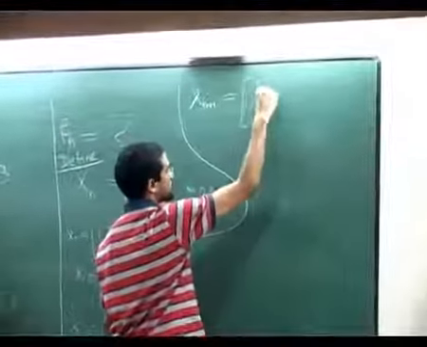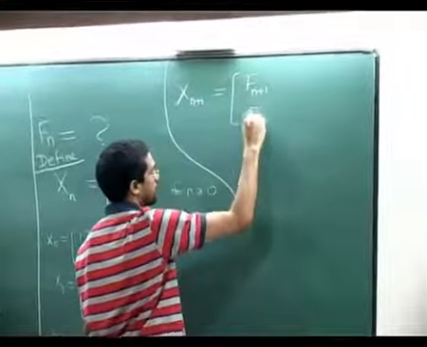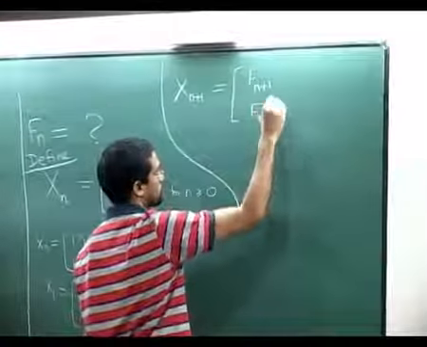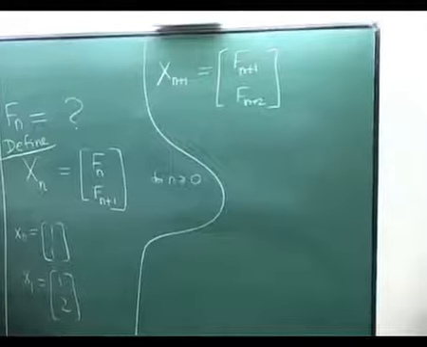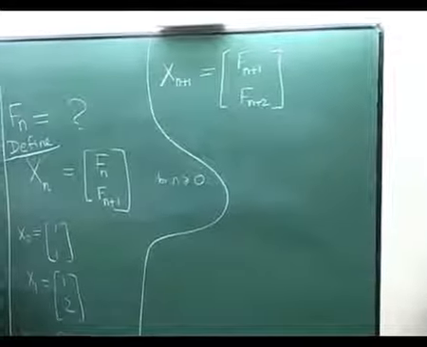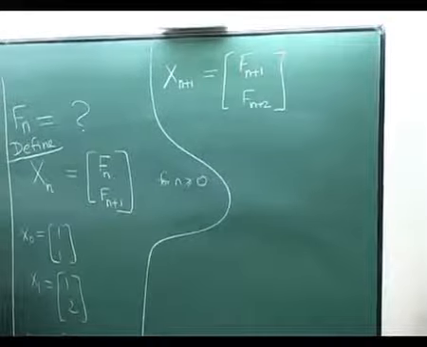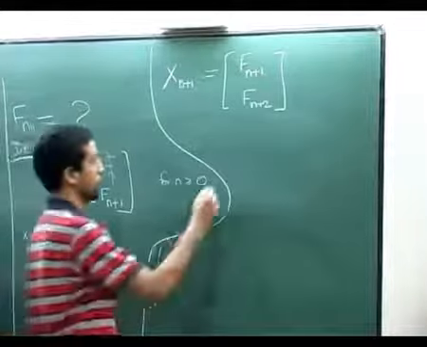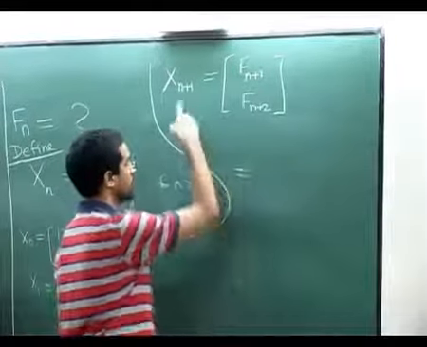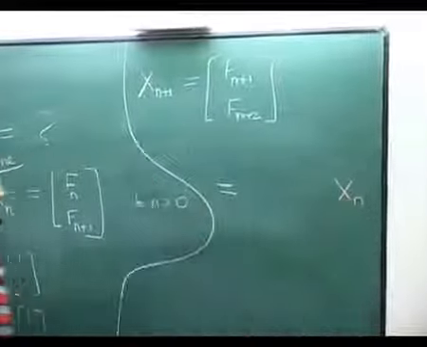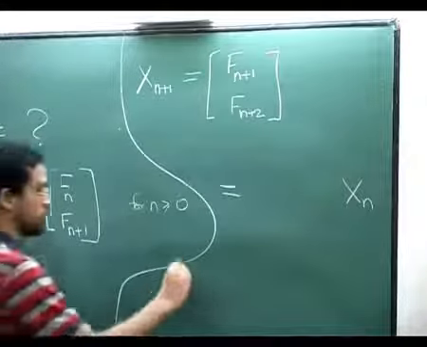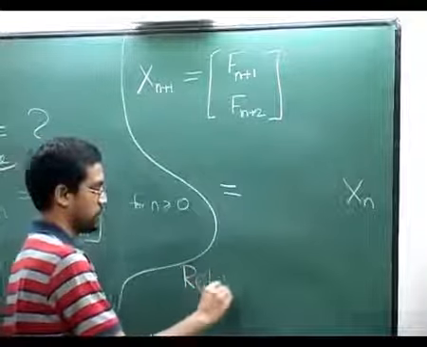What would xn plus 1 look like? It is f n plus 1, f n plus 2. Right? It's the next xn. How is this related to the previous one? What's the relation between xn plus 1 and xn?